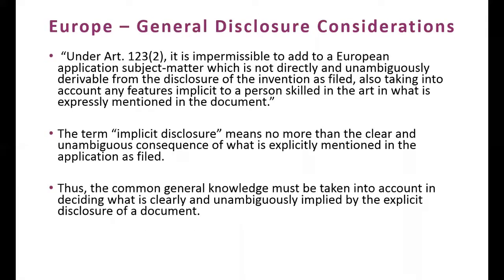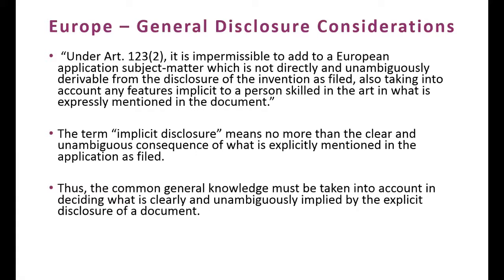With that said, we'll start with Europe, and we're talking about something called implicit disclosure. So you're not allowed to include new matter in your application, but sometimes you want to rely on something that's not expressly written in your specification, but you believe that it logically or scientifically flows from what you've expressly written, and that concept in Europe is called implicit disclosure, and it must clearly and unambiguously be implied by what's explicit.